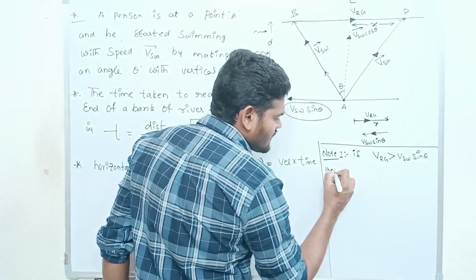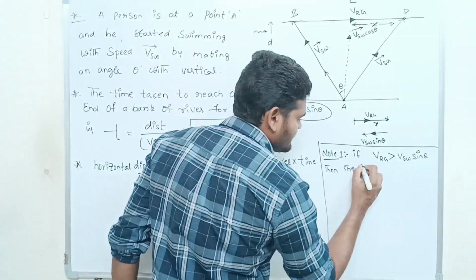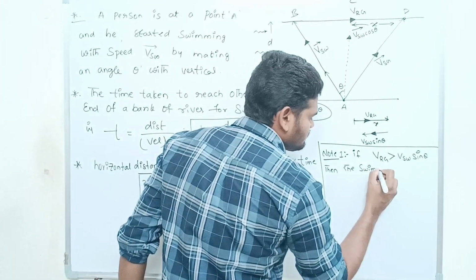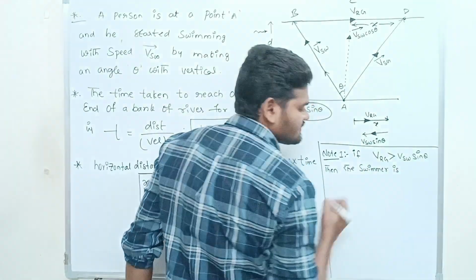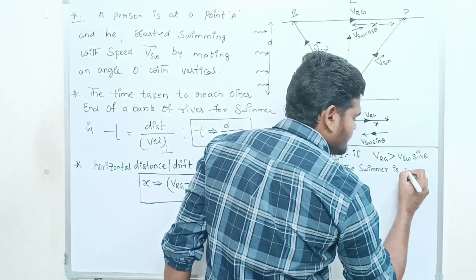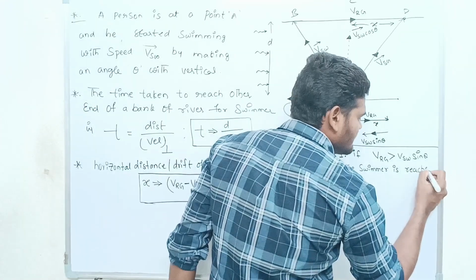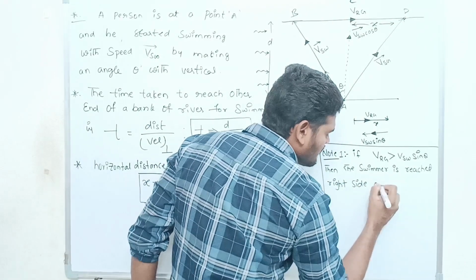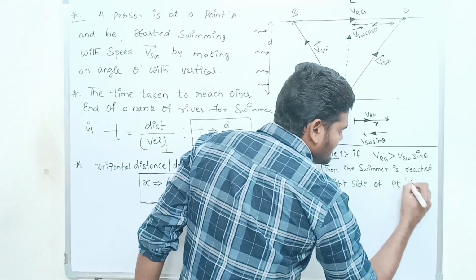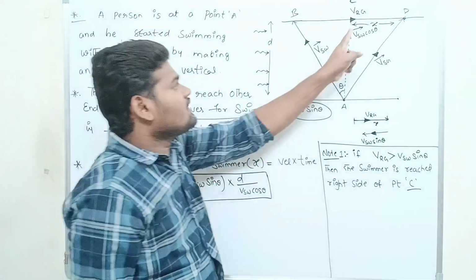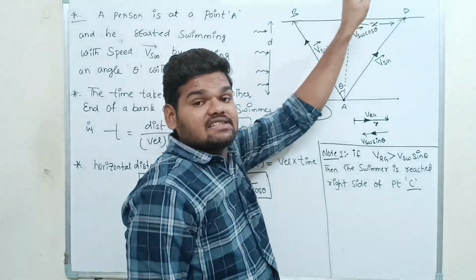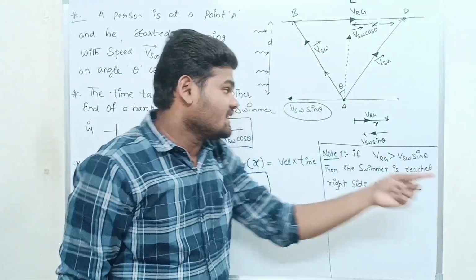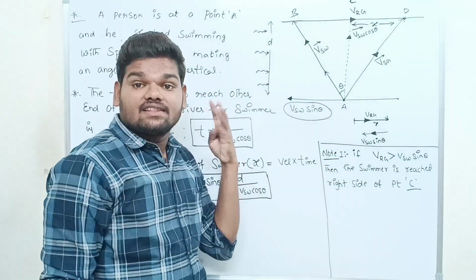Then the swimmer reaches the right side of point C. So if the velocity of river with respect to ground is greater than VSW sin theta, then what happened?